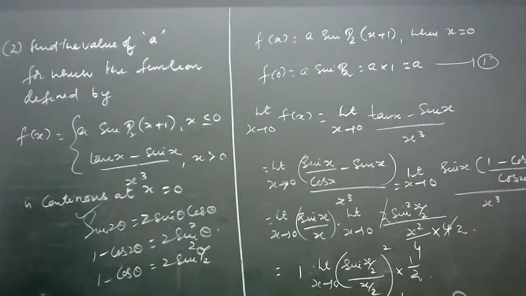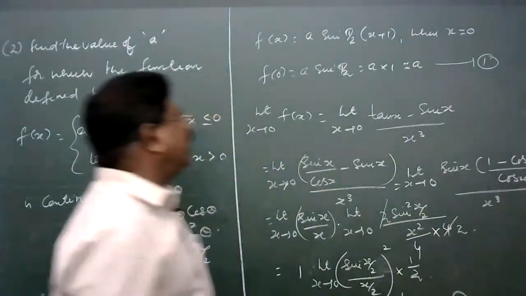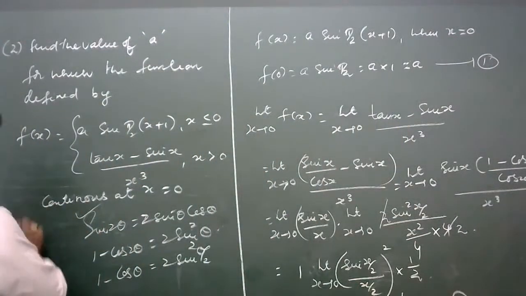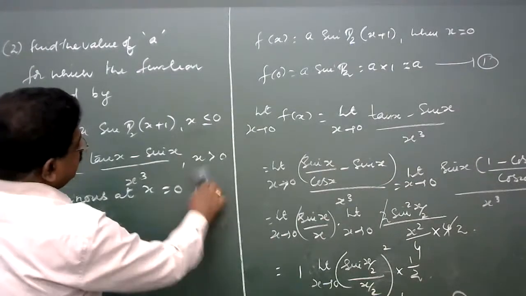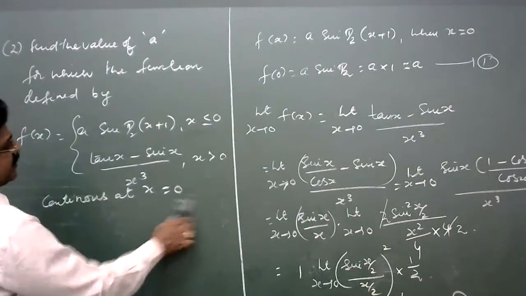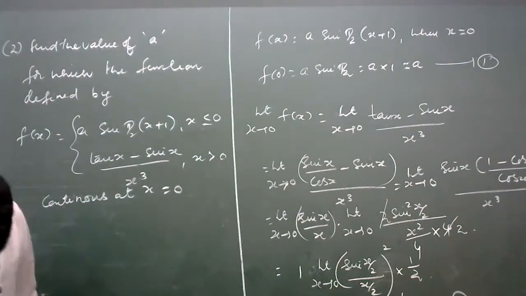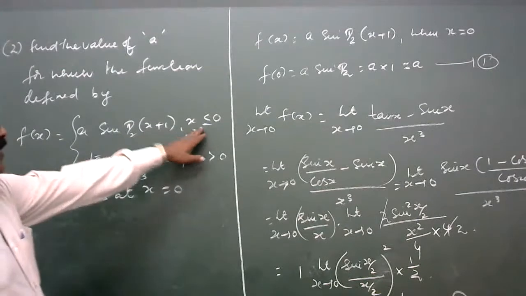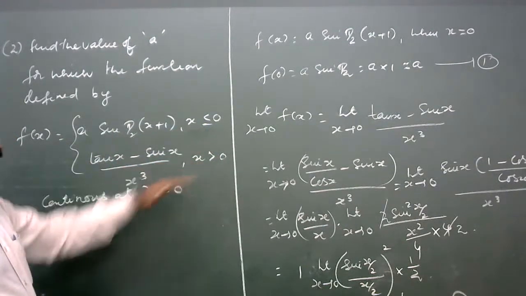So from 1 and 2, what is the value of A? Here the function is continuous at x is equal to 0. That means the limit exists. That's why I left the left limit and directly went to the value of the function at x is equal to 0 and the right limit.